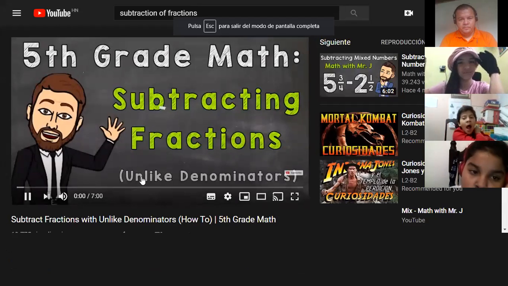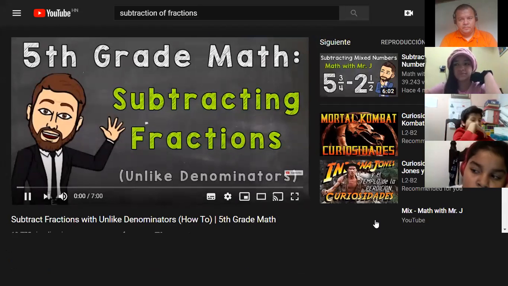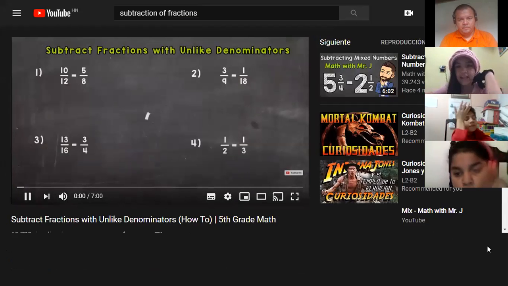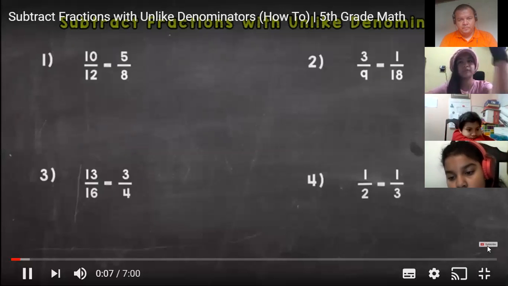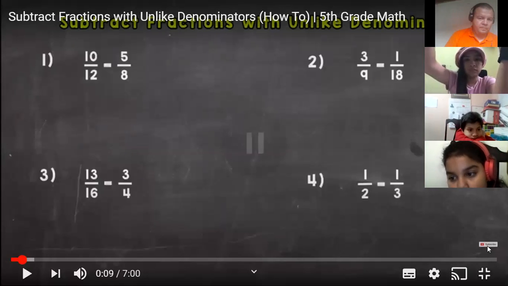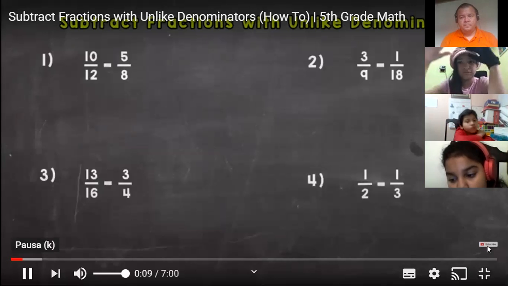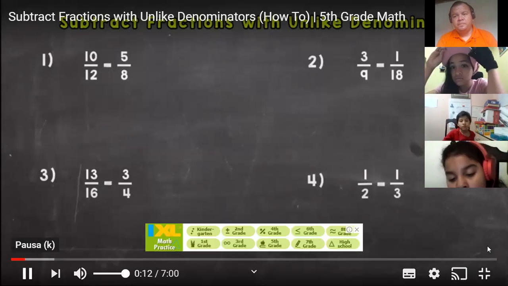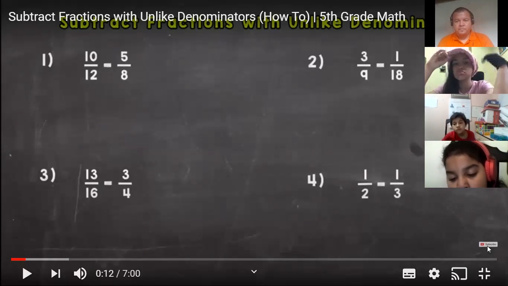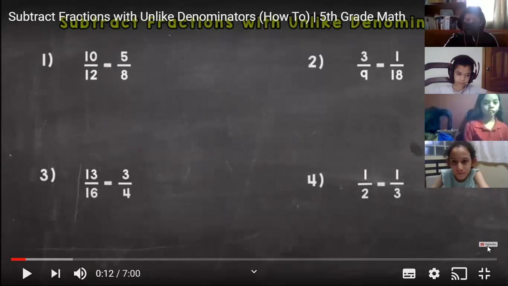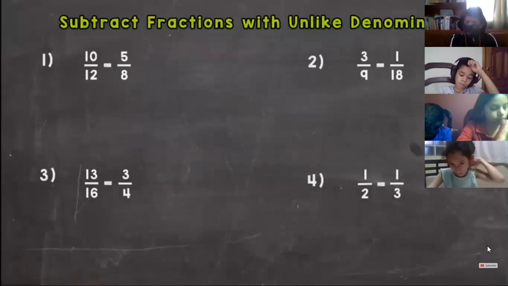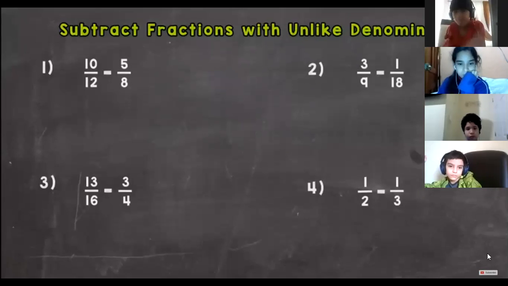Welcome to 5th grade math with Mr. Jack. In this video, we are going to be covering subtracting fractions with unlike denominators. And subtracting fractions with unlike denominators is just like adding fractions with unlike denominators.